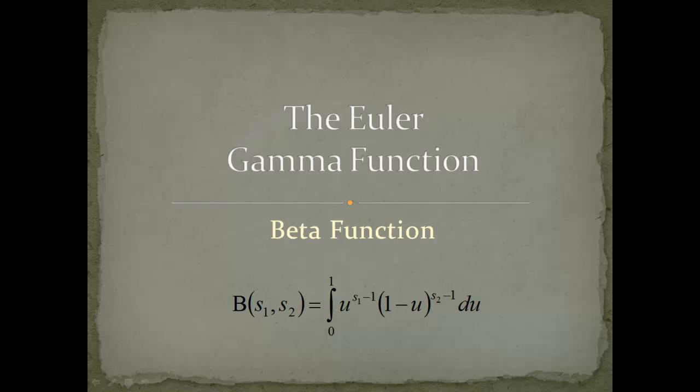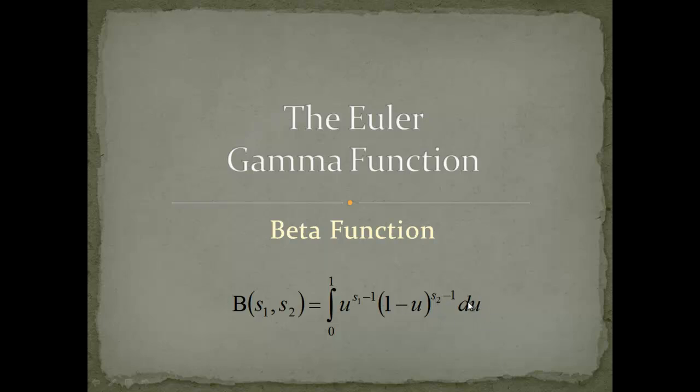So here we have a beta function, and this B doesn't stand for our B letter, it's the Greek letter beta. So we have to say that this is the beta function of two variables, S1 and S2. Here you see the S1 and here you see the S2.